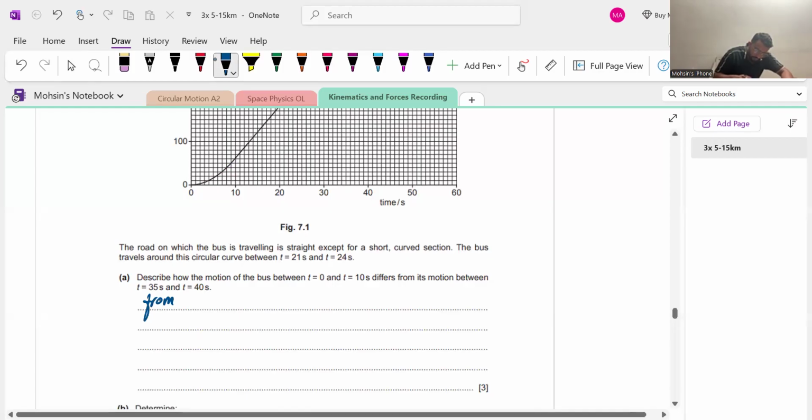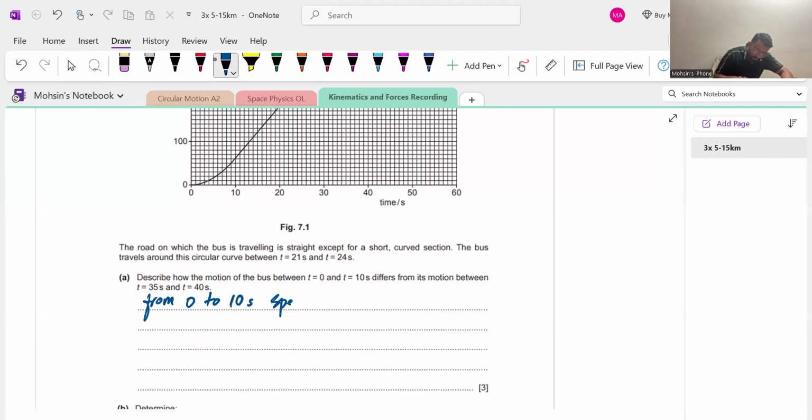So I will write from 0 to 10 second, speed is increasing as gradient is increasing.